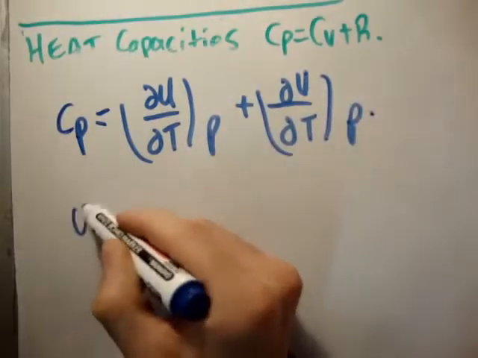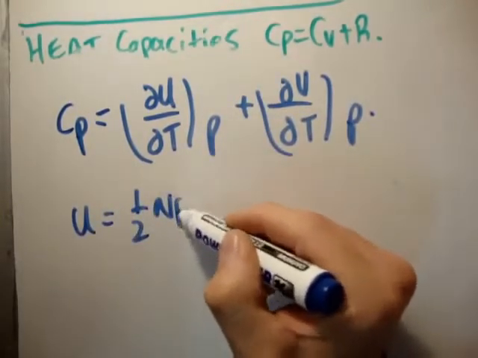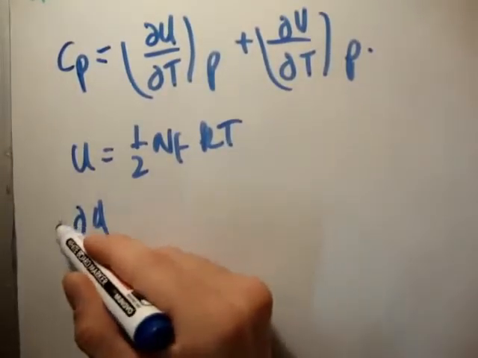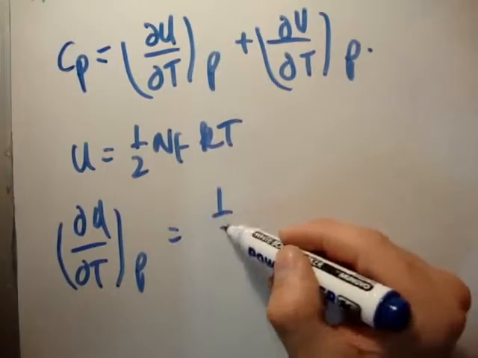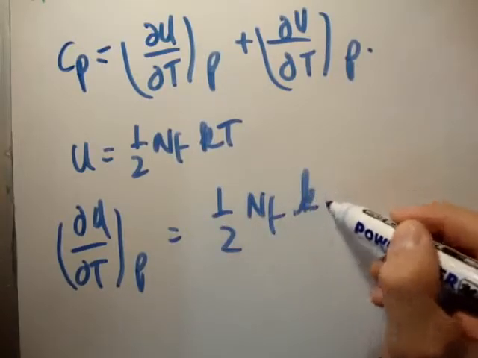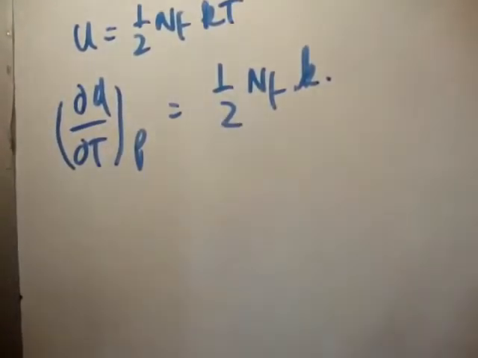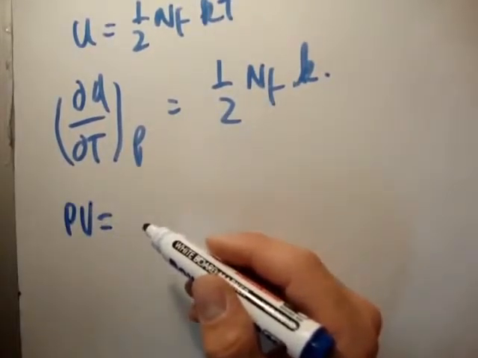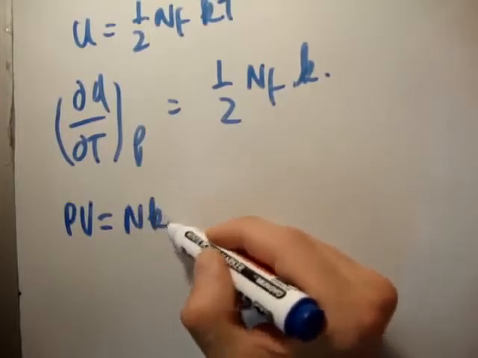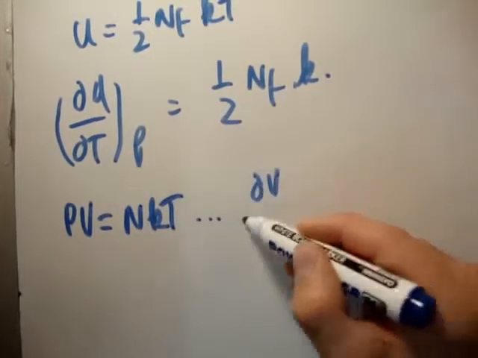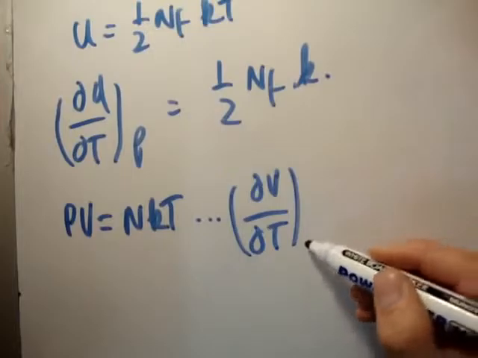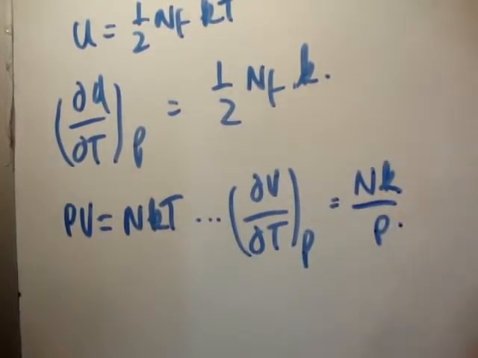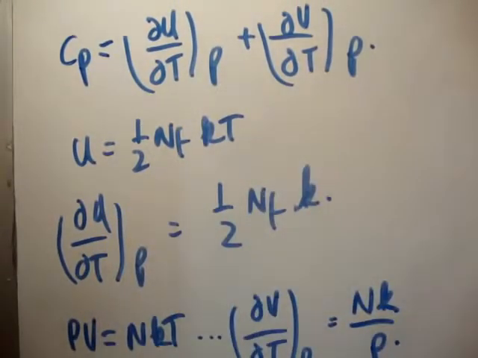Well, we know that the internal energy is equal to 1/2 NFkT, so del U del T at constant pressure is equal to 1/2 NF times K. We know by the ideal gas law that PV is equal to NKT, so del V del T at constant pressure is equal to NK over P. So if you plug both of these in here, we're going to get the following.